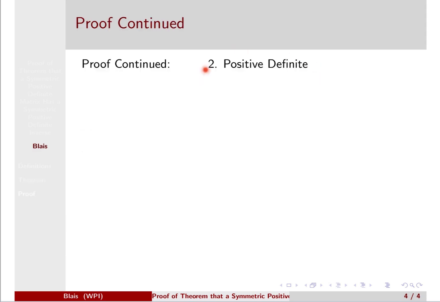We now want to prove that A inverse is positive definite. And so we want to show the following. For a given x in R^n that is non-zero, we want to show that x transpose A inverse x is positive. So this is our goal.